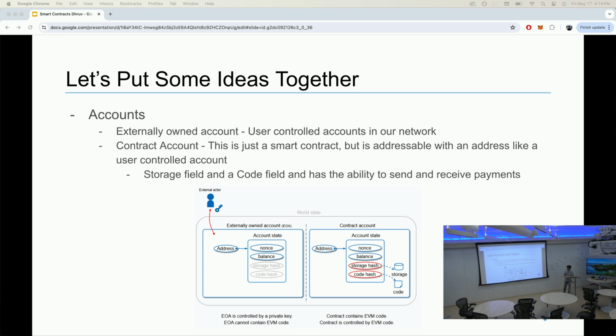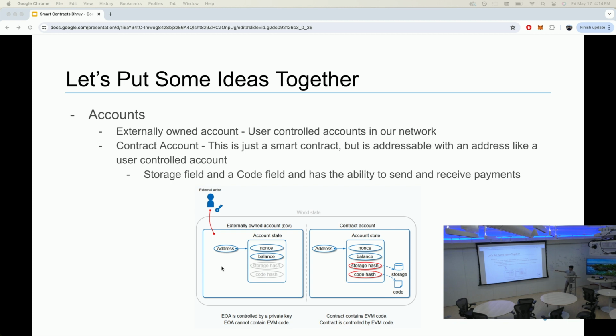And then, to give a visualization of something like this, you can see in this picture below that this externally owned account has two fields that really matter: a nonce, which doesn't matter too much for right now, and a balance field. The balance is just how much of some currency you have.